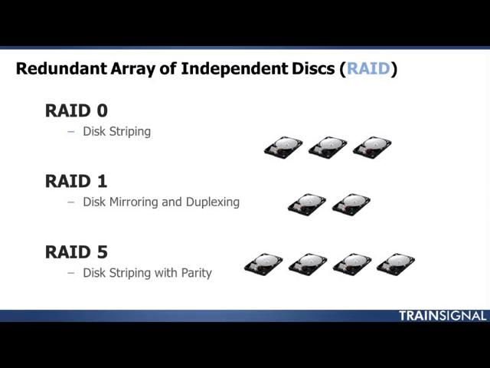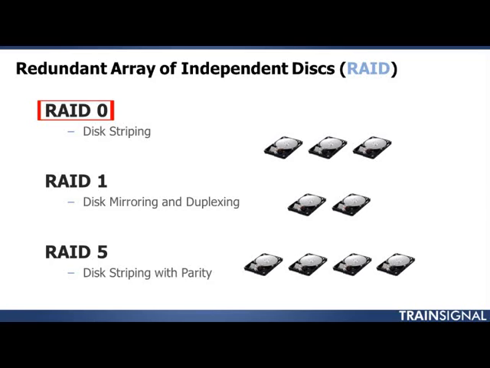The first level of RAID is known as RAID 0, and it's called disk striping. I will tell you that this is not fault tolerance. It is a form of load balancing, but it is not fault tolerant. I include it in here because, well, if I'm going to talk about RAID, this is really where it belongs.